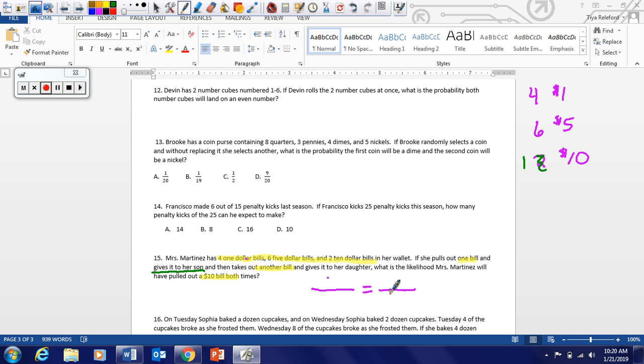That's going to change your probability that she gives the $10 to her daughter. So, probability that she gives $10 to her son, take that $10 out. Probability she gives $10 to her daughter. And then you are multiplying. Not a proportion, it's multiplication. Sorry.